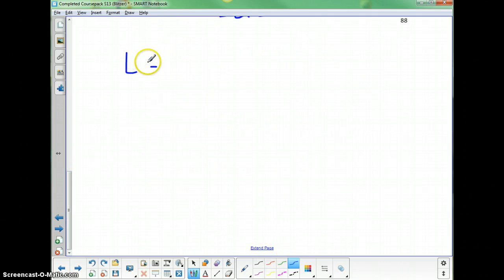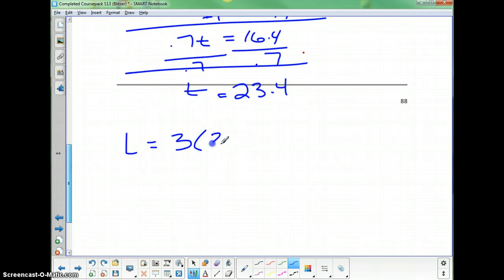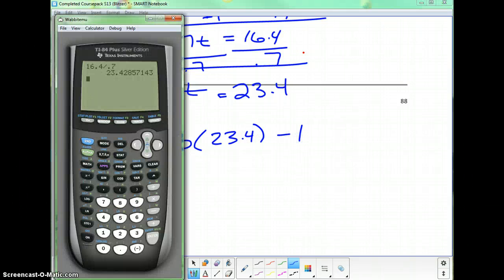So the L value, one of the equations said it was 3t minus 1. So let's figure out what the L value is. So 3 times 23.4 minus 1 is 69.2.